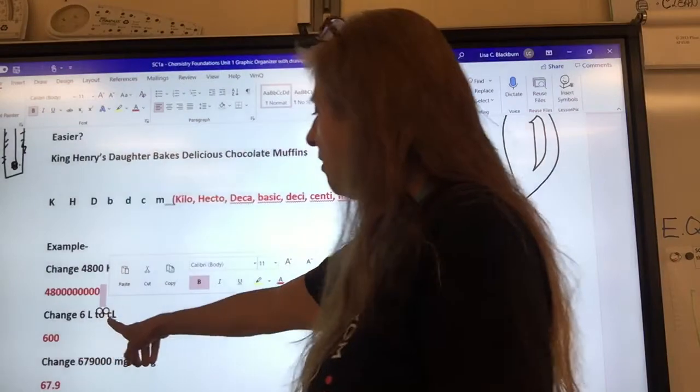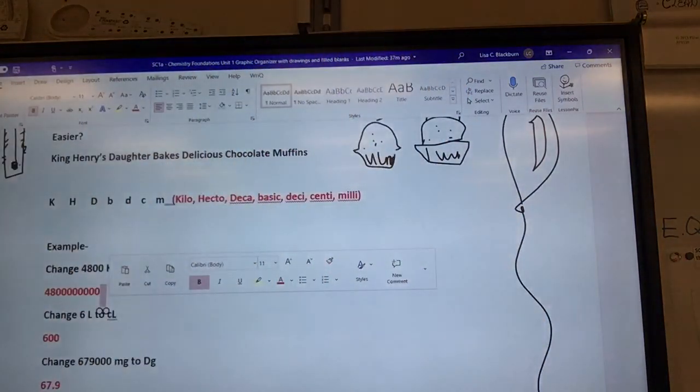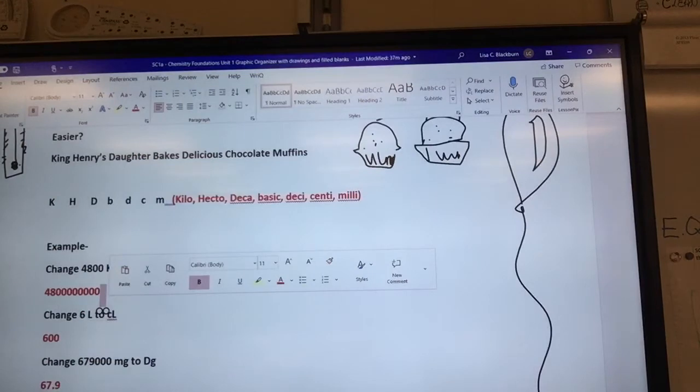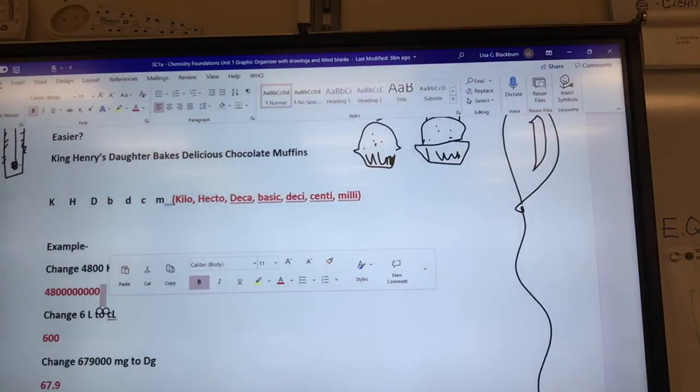Okay. So now 6 liters to centiliters. Liter basic is meter or liter or degrees Celsius. Basic is the metric unit. So I am going from liters, the basic, to centiliters. Let's get a different color. We'll do blue.